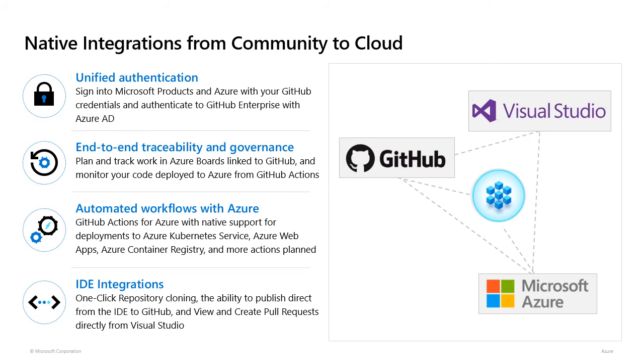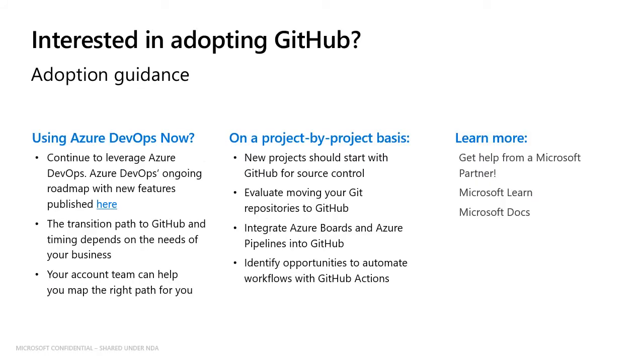So some of the native integrations include unified authentication using Azure Active Directory, end-to-end traceability and governance, automated workflows, and IDE integrations. If you're interested in adopting GitHub, here's some high-level guidance over here.